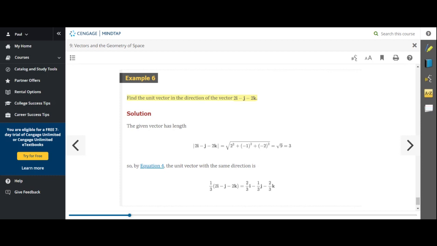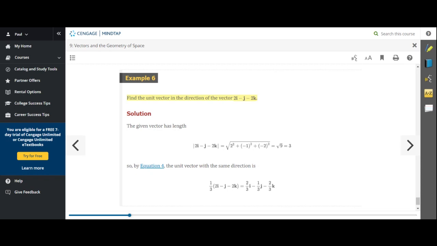And that gives us what's called a unit vector. So if we take the vector and divide each component by 3, then the vector 2/3 i minus 1/3 j minus 2/3 k is going to point in the same direction as the vector (2, -1, -2), and it's going to have length 1.